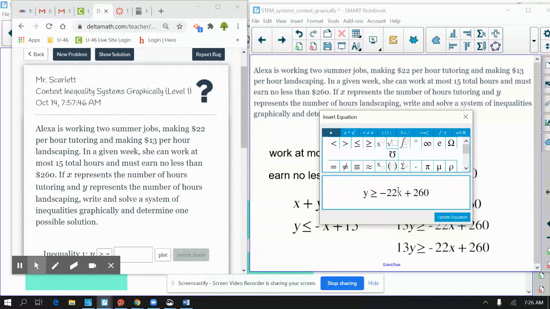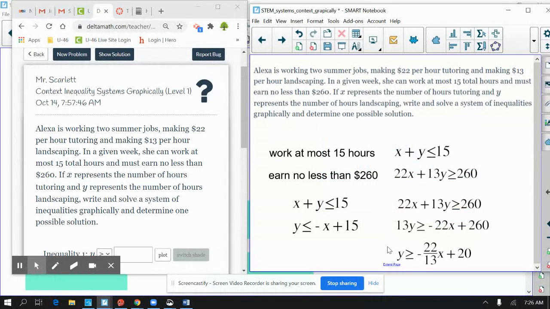So my best is negative 22 thirteenths, but 260, 13 goes into 260 exactly 20 times. So I've got my two equations. Now I need to graph that.